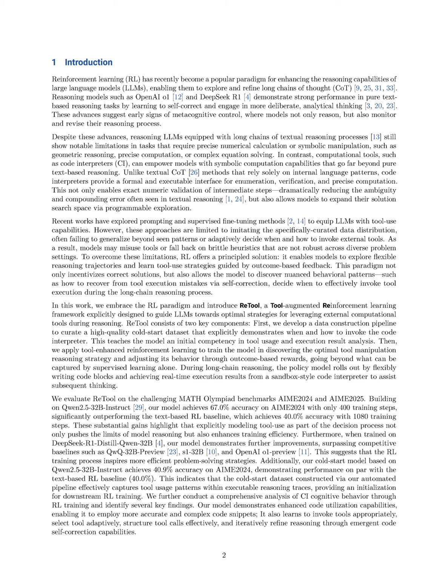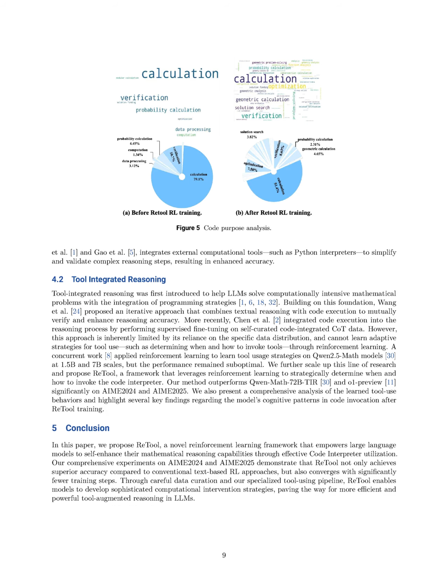During training, the model iteratively refines its reasoning strategies based on feedback from the code interpreter, allowing it to develop adaptive tool usage behaviors and enhance its problem-solving capabilities. This dynamic integration of reasoning and executable code ultimately leads to improved performance on mathematical tasks.